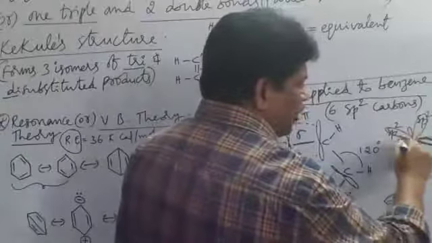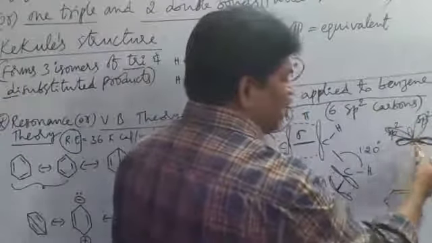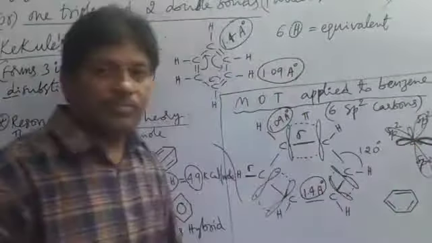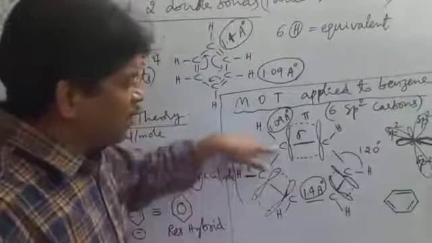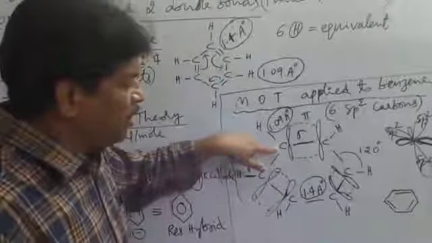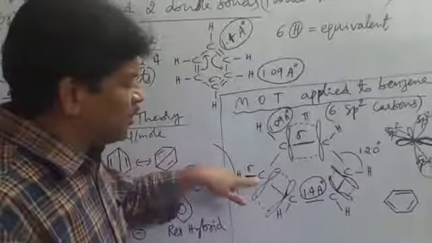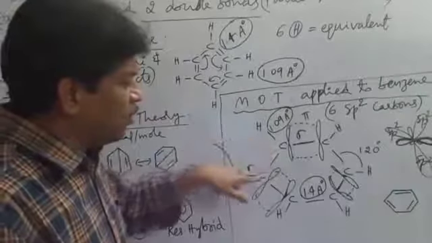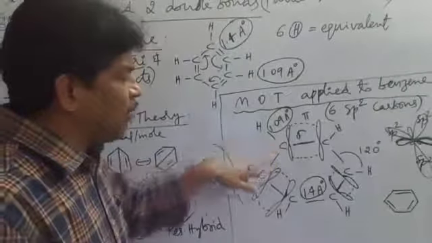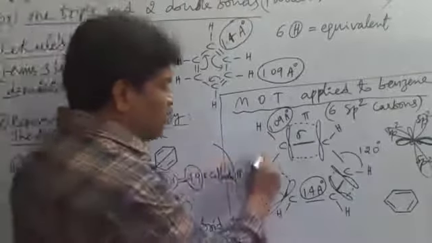One pure p orbital and 3 sp2 hybrid orbitals will be present in every carbon. So now the sp2 hybrid orbital of this carbon and the sp2 of the adjacent carbon will overlap by axial overlapping. Axial overlapping means which bond is formed?